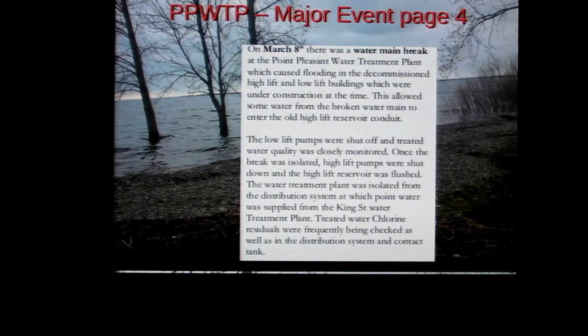Once the break was isolated, high lift pumps were shut down and the high lift reservoir was flushed. The water treatment plant was isolated from the distribution system, at which point water was supplied from the King Street Water Treatment Plant. Treated water chlorine residuals were frequently being checked as well in the distribution system and contact tank. Yeah, we'll provide the CT information and see if they met CT requirements during this incident.